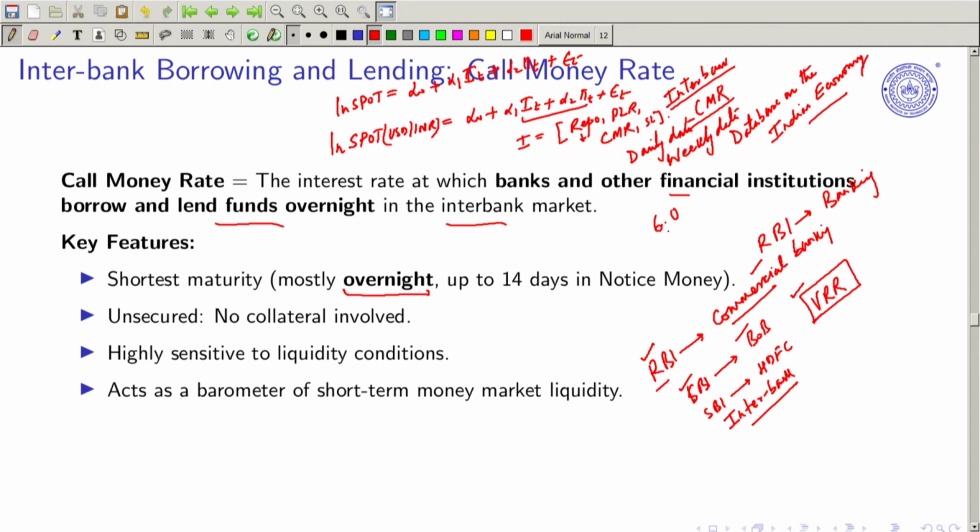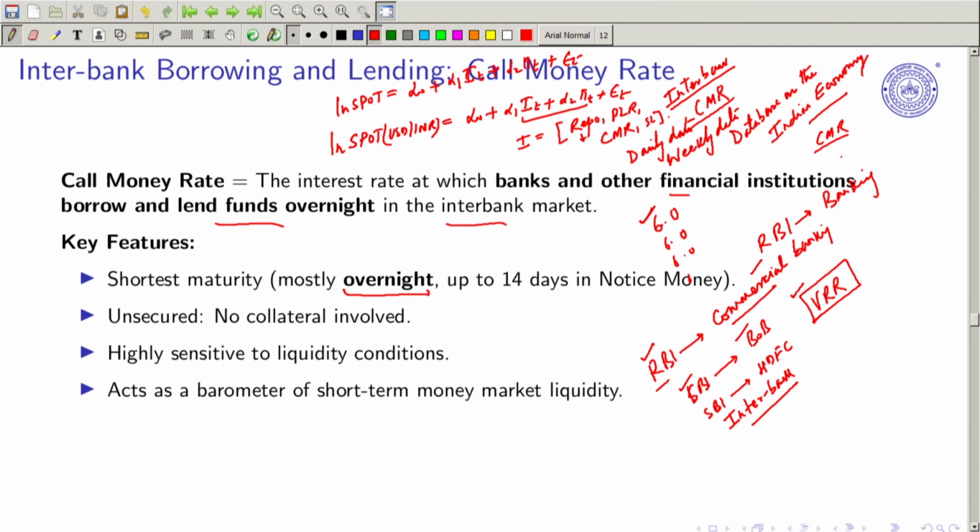Repo is 6%, and next week 6, and 6, so there will be a run of 6. But call money rate is overnight, so it gives continuous data. RBI may not change the rate of interest every time, and may keep it the same for a long time, so you have a run of 6 values, and this plays an important role.